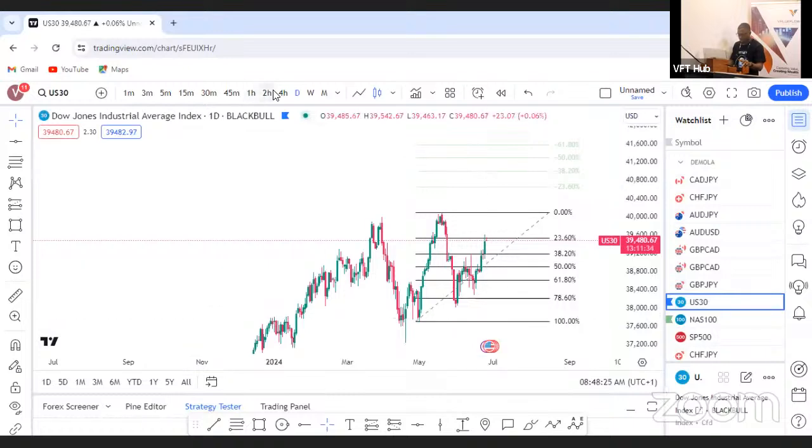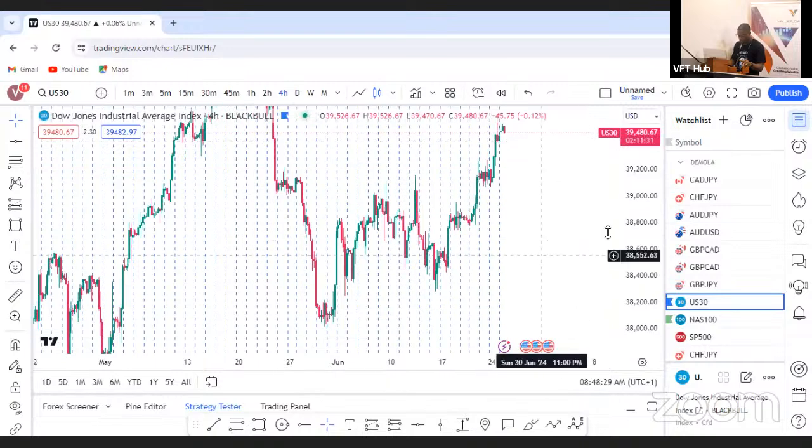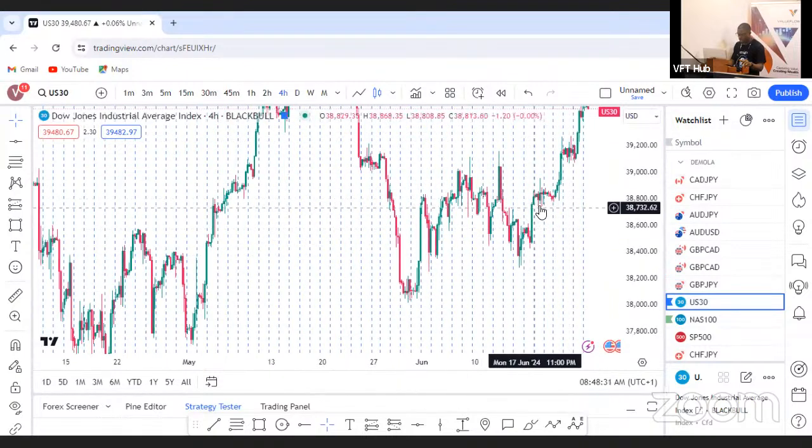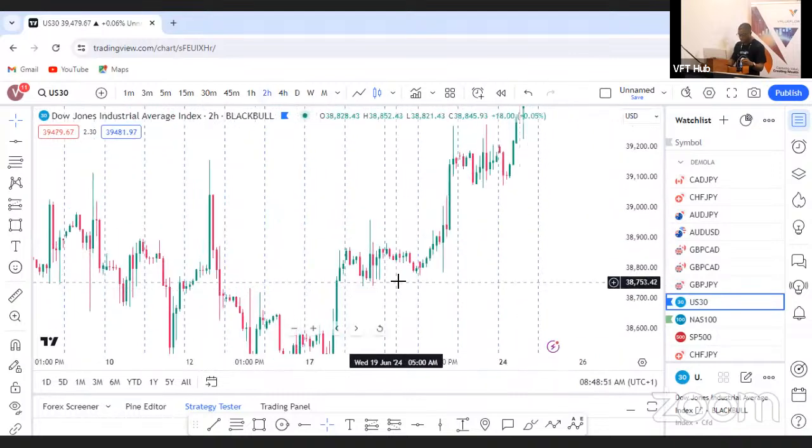We are here on the 4 hours time frame. We're somewhere around here last week Thursday, and then price tapped into an FVG that we all marked out on the Zoom call that day.